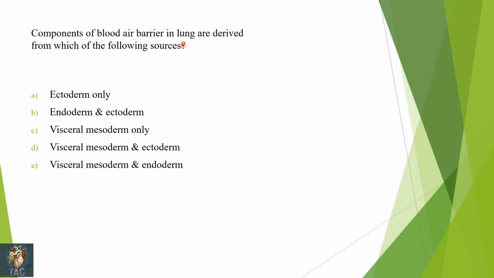The rest of the structures, that is cartilages and muscles and all other surrounding structures of the respiratory system, are derived from the visceral mesoderm, also called the splanchnic mesoderm. So in this case the blood-air barrier is formed by the visceral mesoderm and endoderm, because components from these two structures are responsible for formation of the blood-air barrier, and this is the answer.